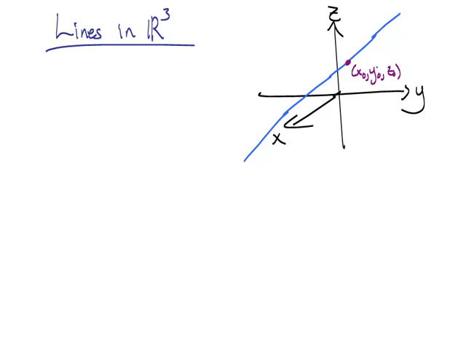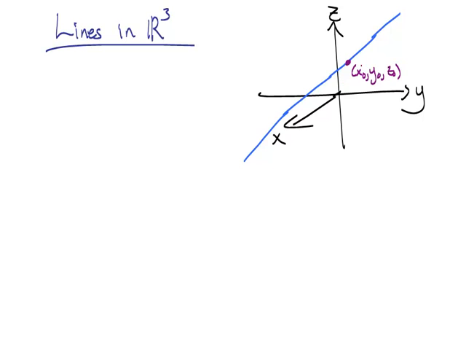Okay. Now I can't really talk about the slope here the same way I can talk about that in R2. The slope I could talk about in R2 is just the change in y or the change in x. Well, I've got three variables to worry about here, x, y, and z. If I go from one point to another on my line, my x value is changing, my y value is changing, and my z value is changing. And so we're going to use vectors to describe that change.